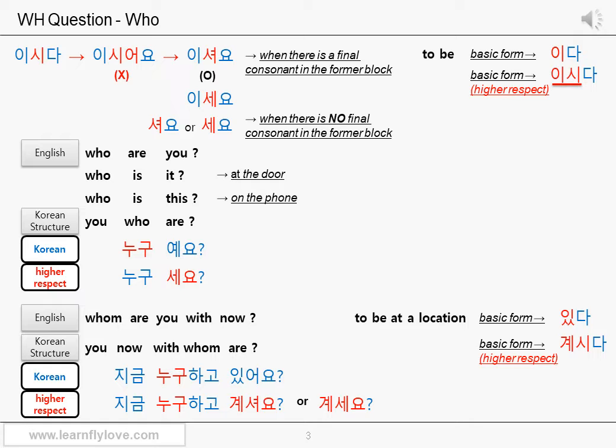But again, because this 시 doesn't have a final consonant, it has to be combined with 어 sound. That's how 시 becomes 셔 sound. 이셔요.